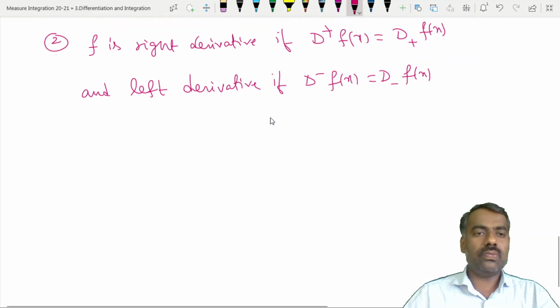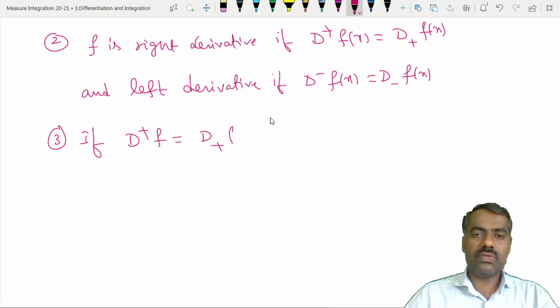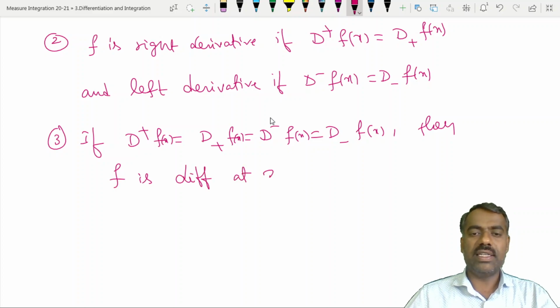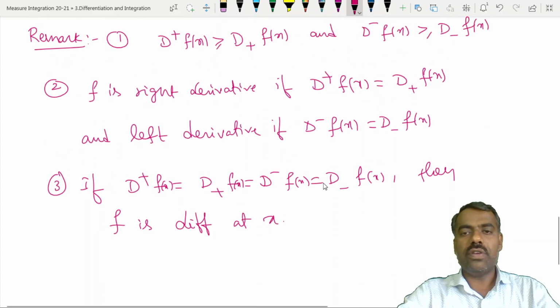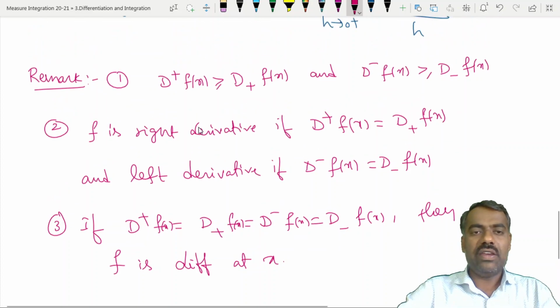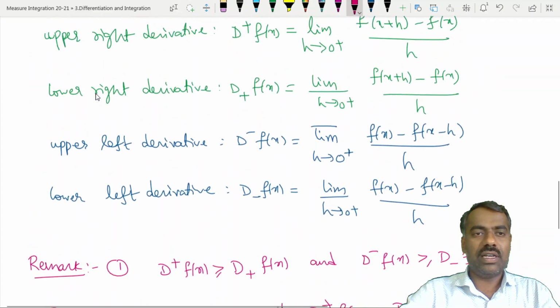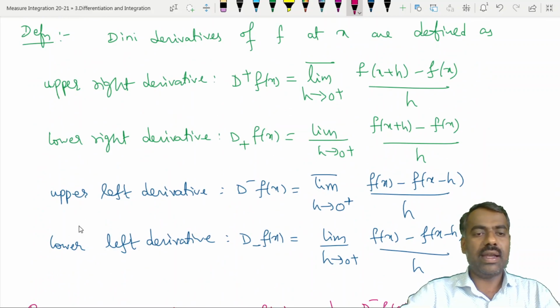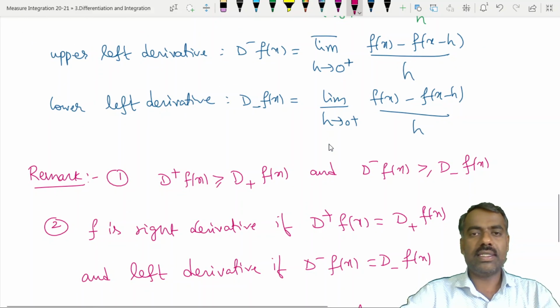And if all these four are equal, everywhere at x, then we say that f is differentiable at x. So if all are equal, then it is differentiable. If the upper and lower right derivatives are equal, then it is right differentiable. Or if the lower and upper left derivatives are equal, then it is left differentiable.